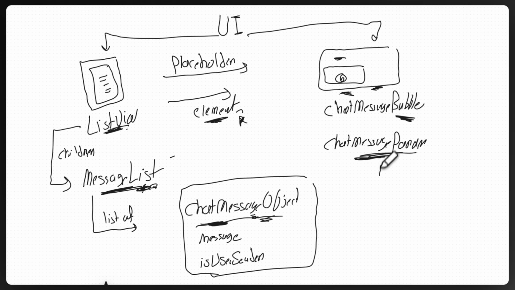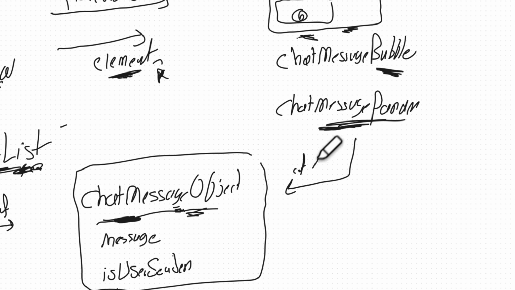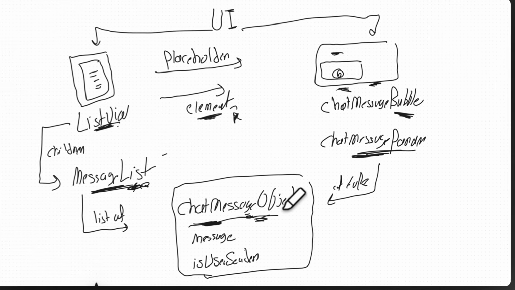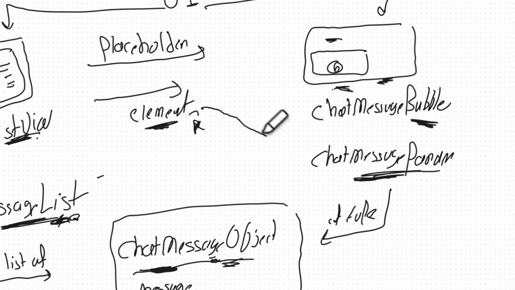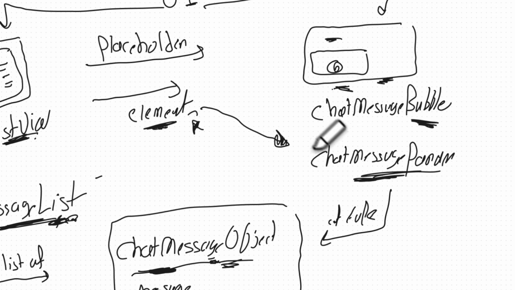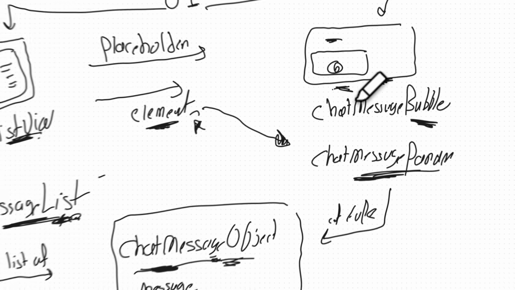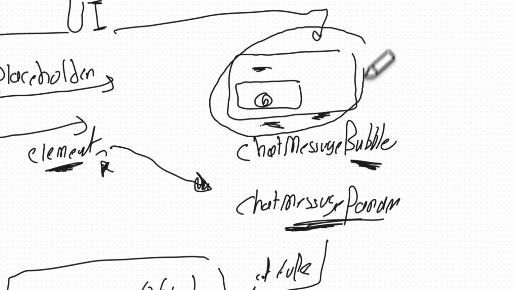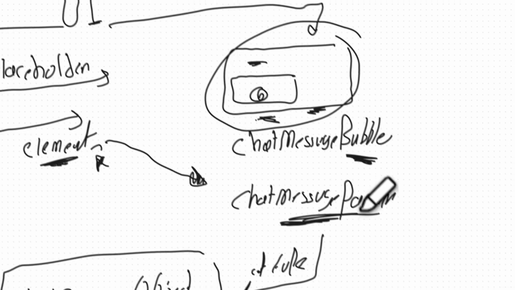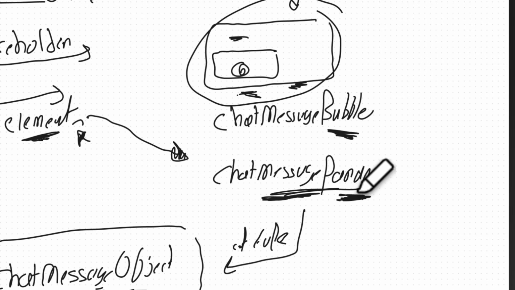And this parameter was of type chat message object, which is the same type as the element. So because of this, I could now accept the element for every single chat message bubble. And then if I want to do anything inside the UI of the chat message bubble, I will just have to use the chat message param.